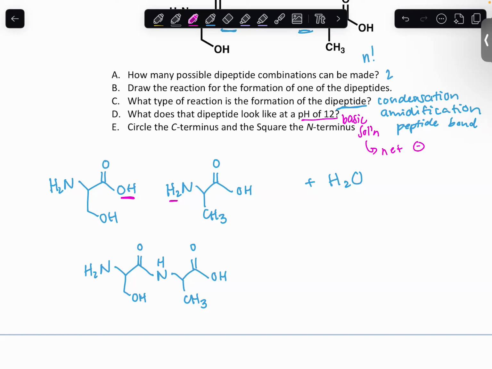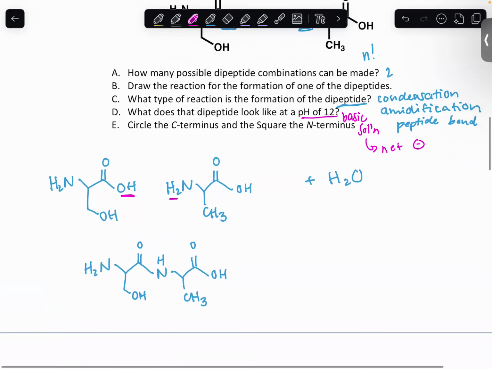So we're going to get rid of this proton, and we get a negative charge there. Where's our C terminus and where is our N terminus?